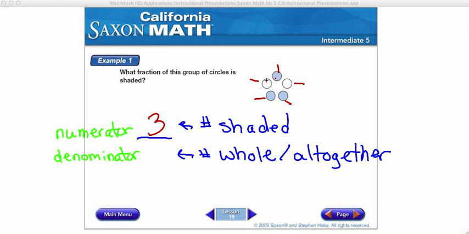And there are 1, 2, 3, 4, 5 circles. So 3/5 of this group is shaded. Okay, so again, we have our numerator as the number shaded, and our denominator, the number of circles there are all together.